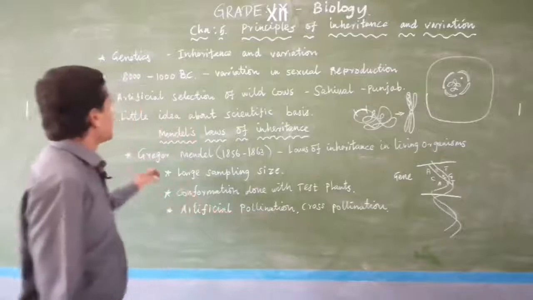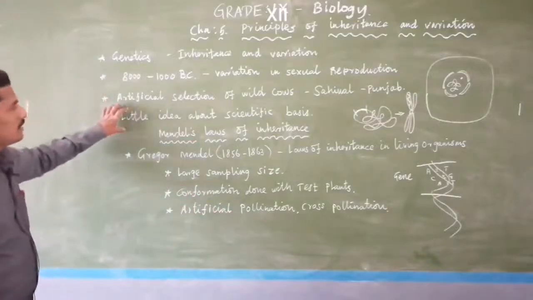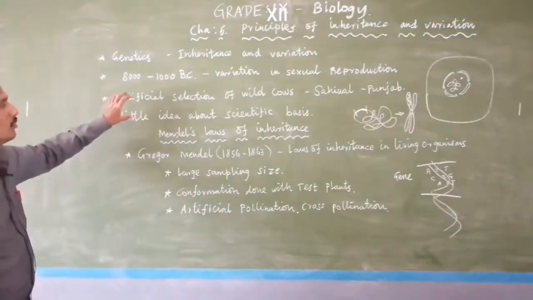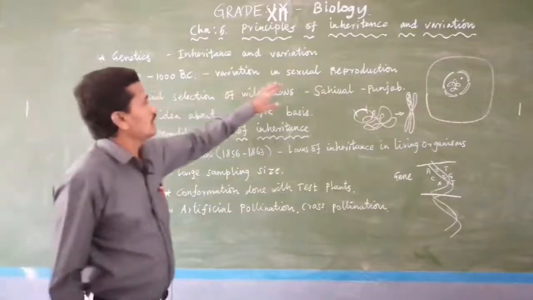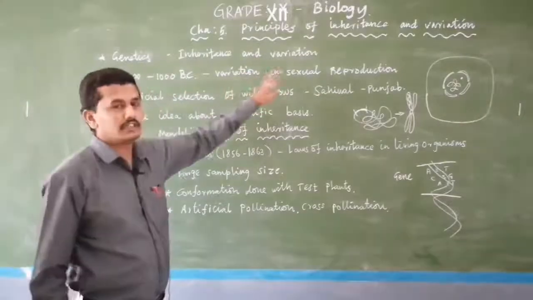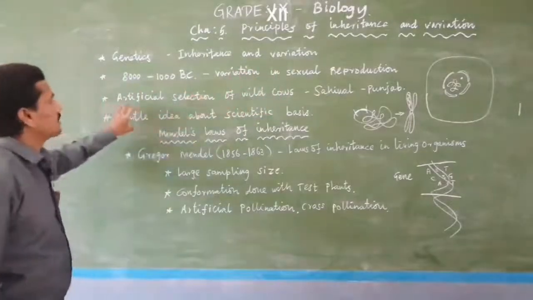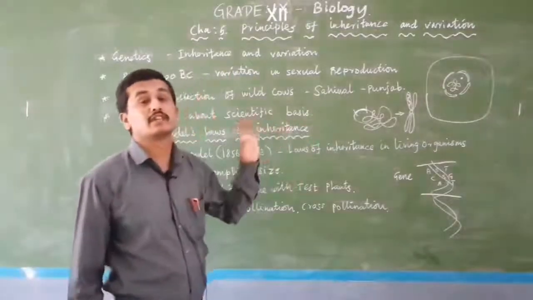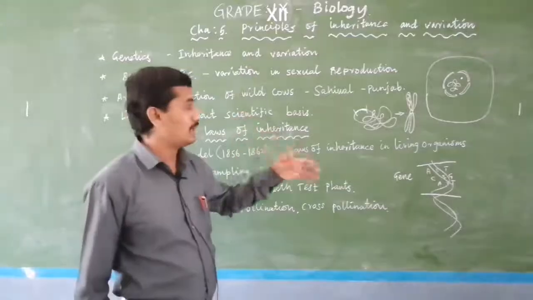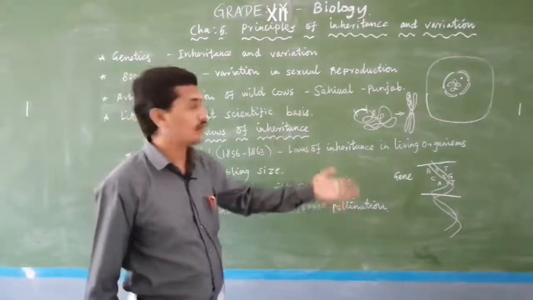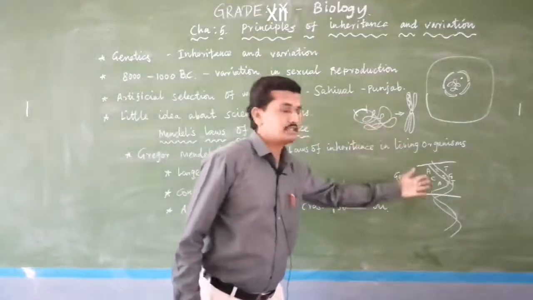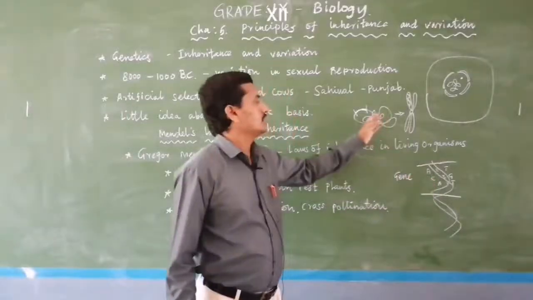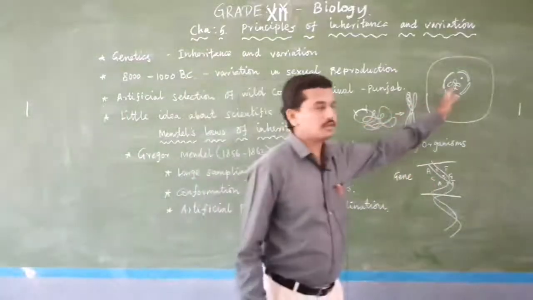Next, people in olden days knew that variation occurs in sexual reproduction, but had little idea about the scientific basis, meaning where the variation occurs. Nowadays we know the variation is present in the DNA, in the chromatin reticulum, in the nucleus.